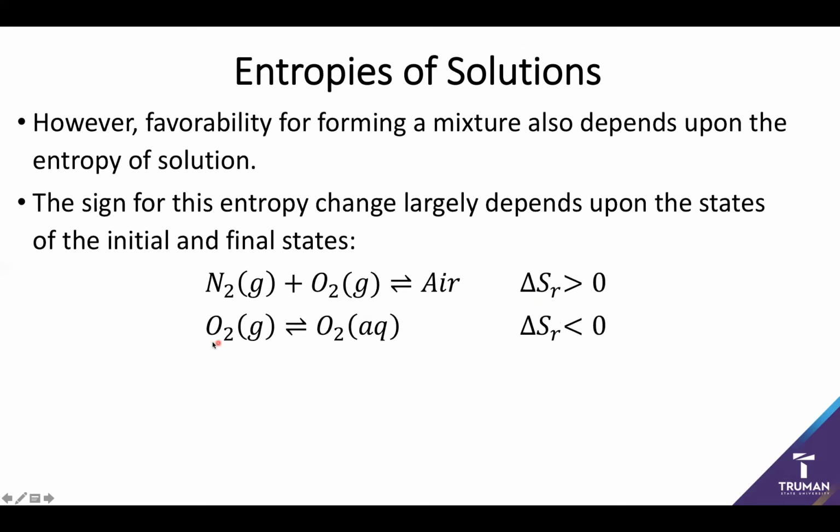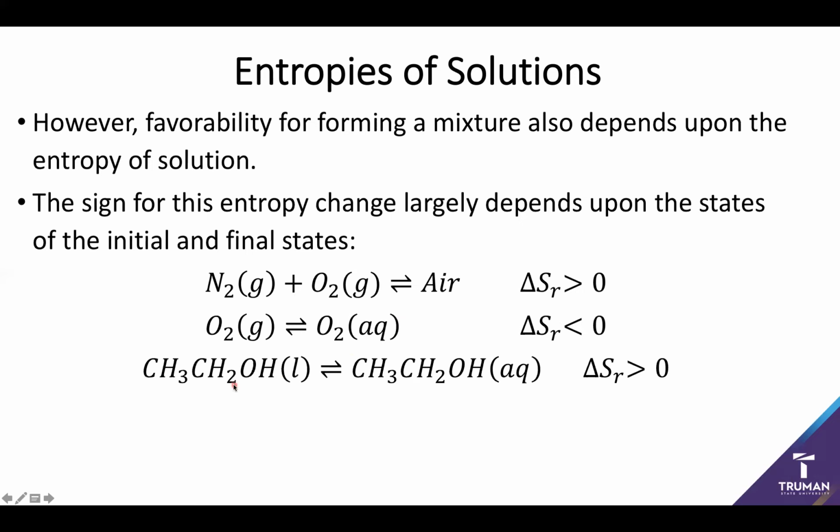However, let's say that I've got something like O2 and I want to try and dissolve it into water because I want my little fishies to be able to breathe. Well, this is going to have a negative entropy, as gases have very high entropies and aqueous species have moderate entropies. So this is an example of the formation of a solution leading to a decrease in entropy, and is probably the most common example of this metric.